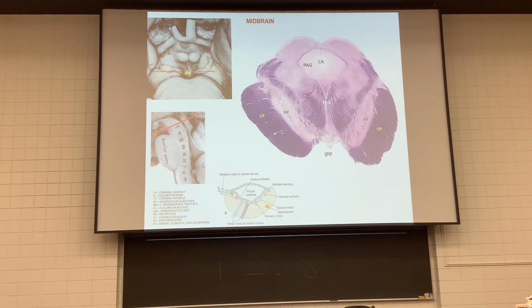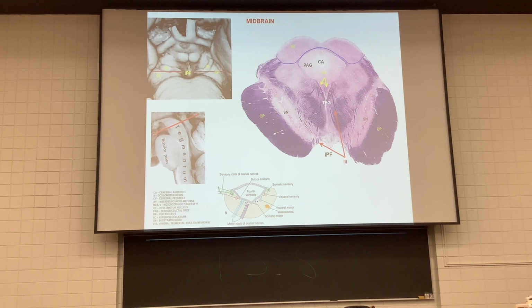What's left? 3. There's your oculomotor nucleus. And those are the axons of 3. So the neurons in 3 are sending their axons out, and they're emerging right here in this interpeduncular fossa.